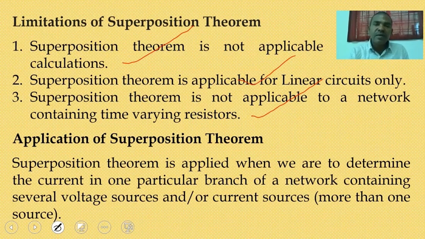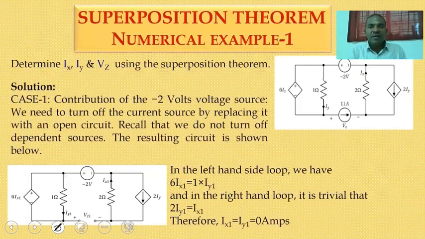Now coming to the numerical problems. This is an example of a numerical problem. We are going to find the dependent source quantities Ix, Iy, Vz using the superposition theorem.